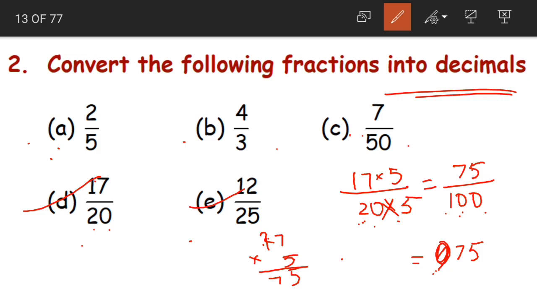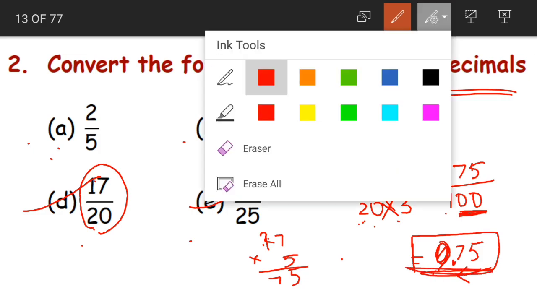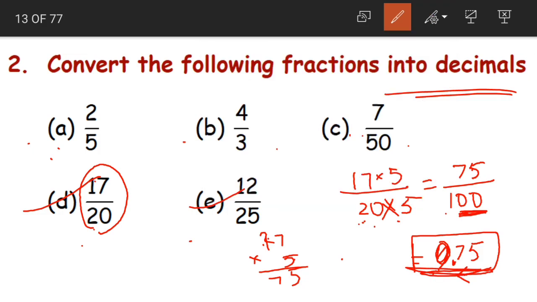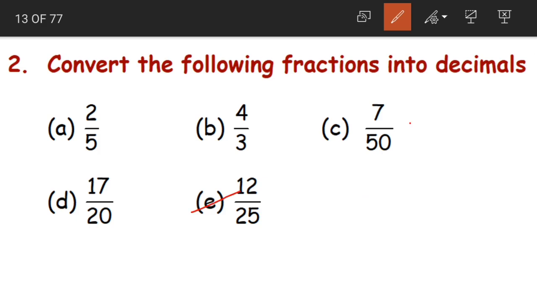Now where will we keep the decimal point? In the denominator we are having 2 zeros. So after 2 digits from the right, we will place our decimal point. 17 by 20 is nothing but our 0.75. Understood, children?